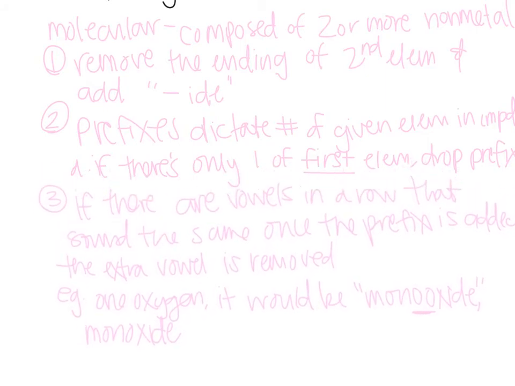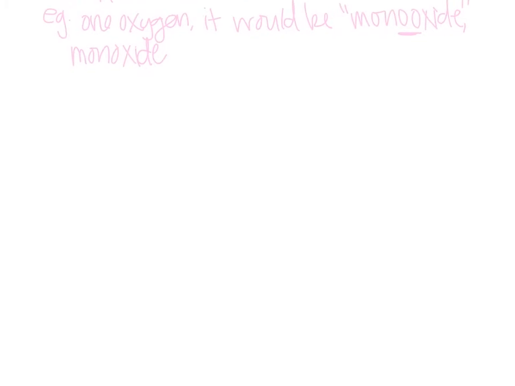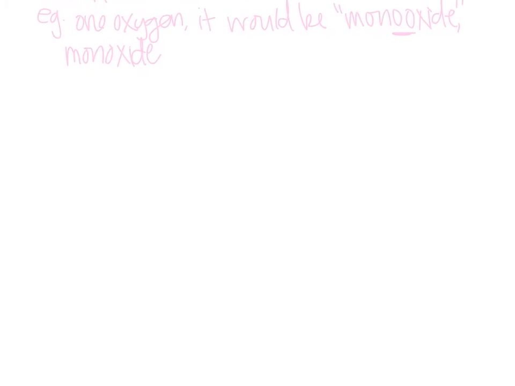But since we have ionic compounds, we also have rules for those. Some of them are the same, but some of them follow different rules, or we have to add extra rules.